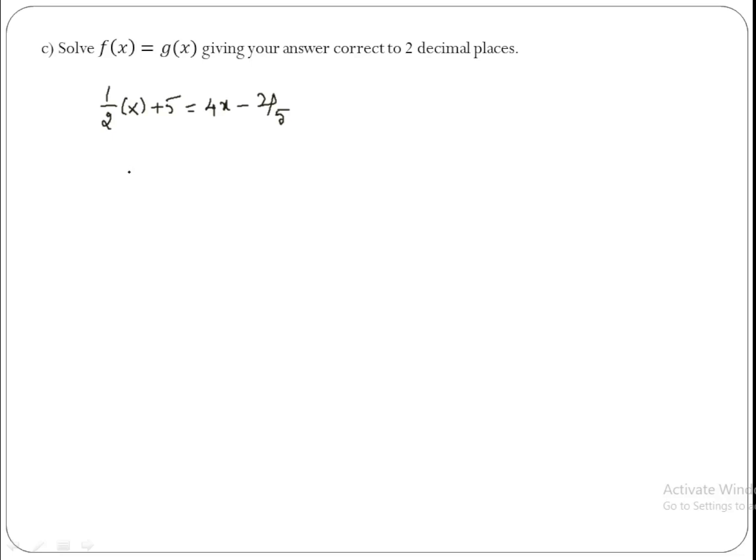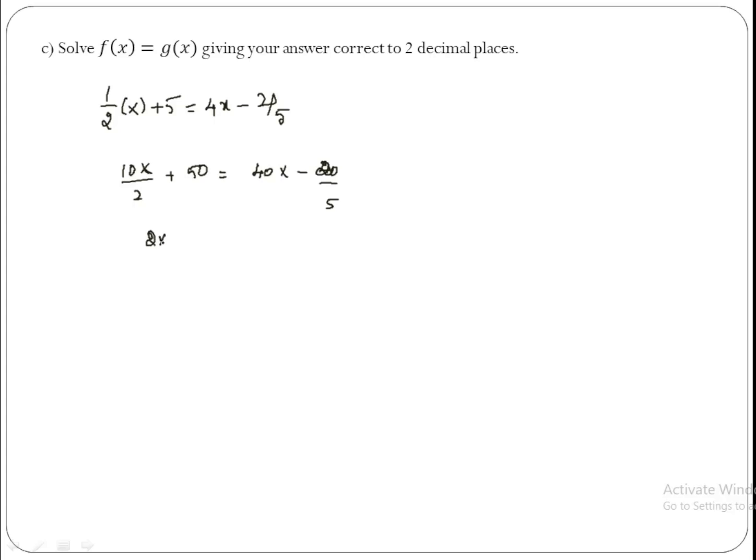Yes, we can multiply by 10 because here the denominator is 2, here the denominator is 5. So the LCM of 2 and 5 is 10. So 10x by 2 plus 50 equal to 40x minus 4, sorry, 20 by 5.